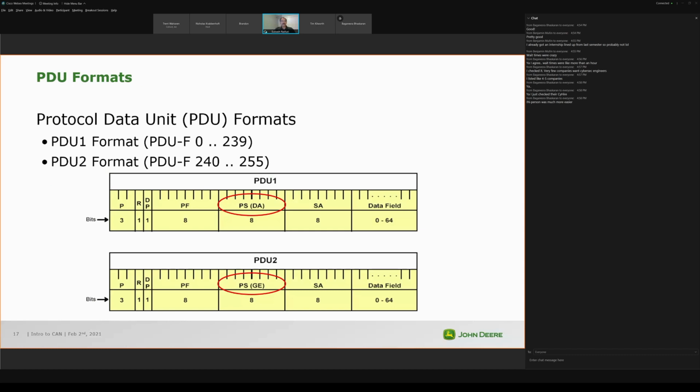The big difference is PDU1 is primarily a destination-specific message, so you have a DA that you specify in here. With PDU2, the whole 16-bit field is your identifier for this particular message. And of course, for both, you need to have a source address.